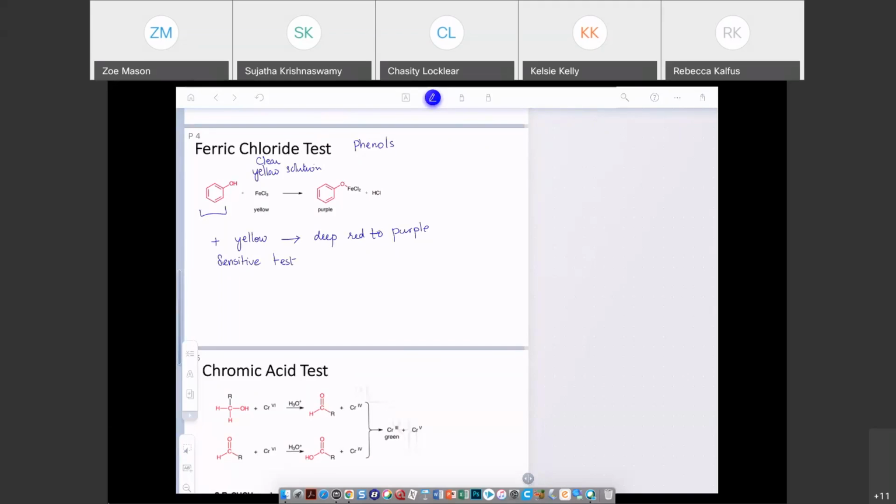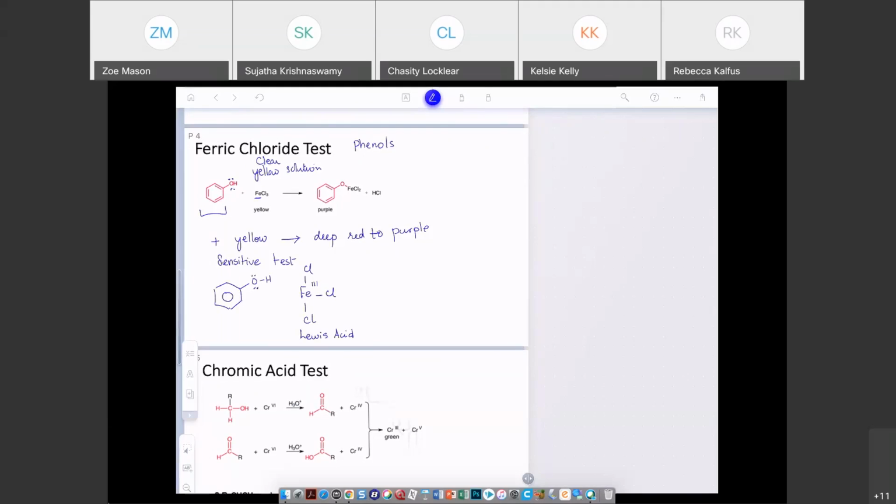Now it's again a complex formed between this phenol and ferric chloride. Again, I want you to tell me what the oxidation state is for iron. Each chloride is -1, so iron is +3, right? Then we've got phenol. Iron is a Lewis acid because it's got only 6 electrons.